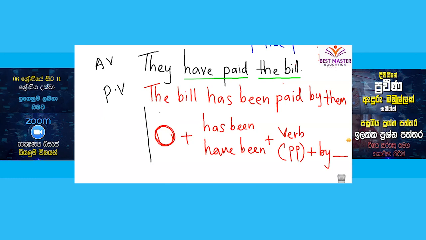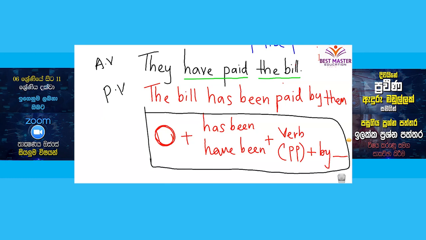Yes, sir, this is the format we are going to practice today. Object, is it singular? Has been. Is it plural? Have been. Plus the verb past participle, and we can add the doer at the end of the sentence by using by. Okay.